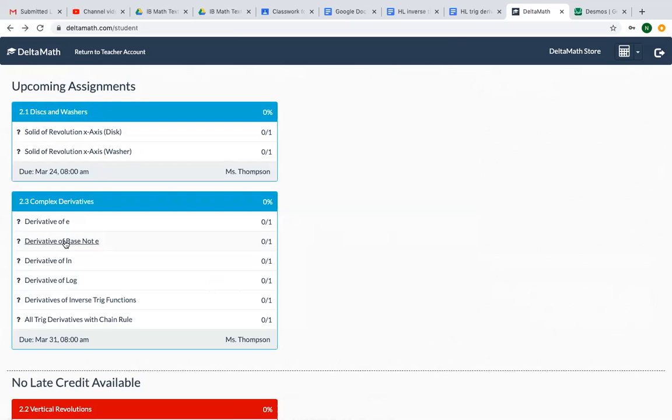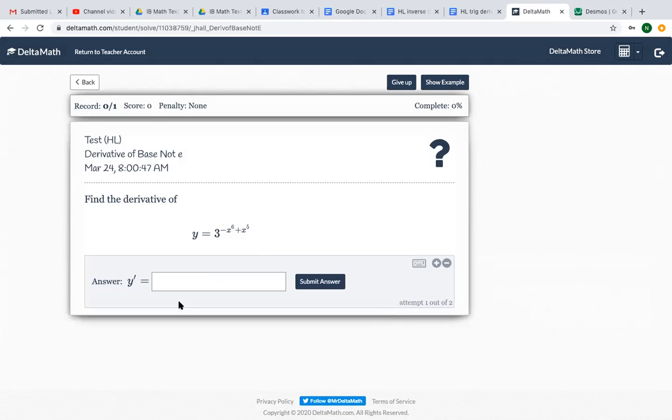Okay, so one with base not e. So what would this one become? Would it be 3 and then negative 6? The 3 would go away, right? So this is called exponential base not e.